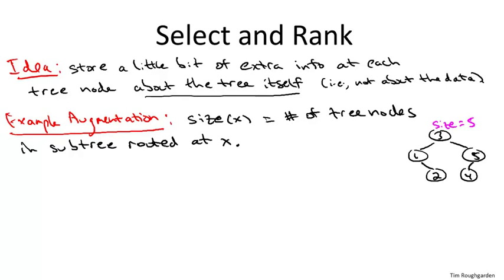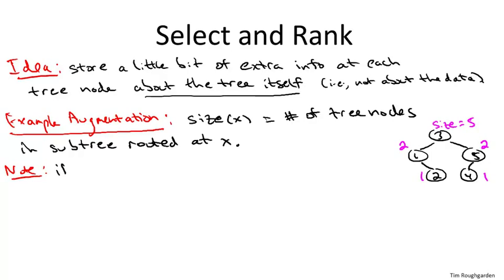By contrast, if you start at the node 1, you can get to the 1, or you can follow the right child pointer to get to the 2. So at the 1, the size would be 2. At the node with the key value 5, for the same reason, the size would be 2. At the 2 leaves, the subtree rooted at a leaf is just the leaf itself, so there the size would be 1.